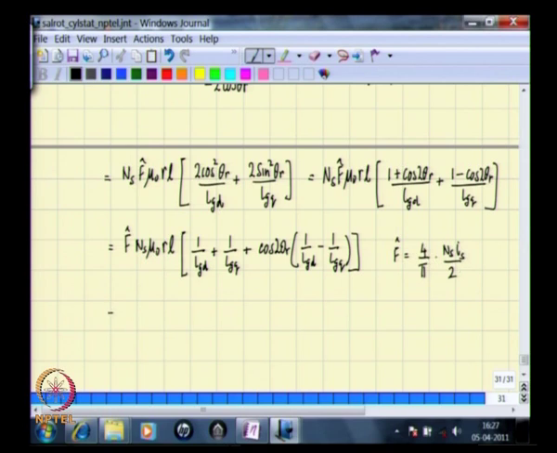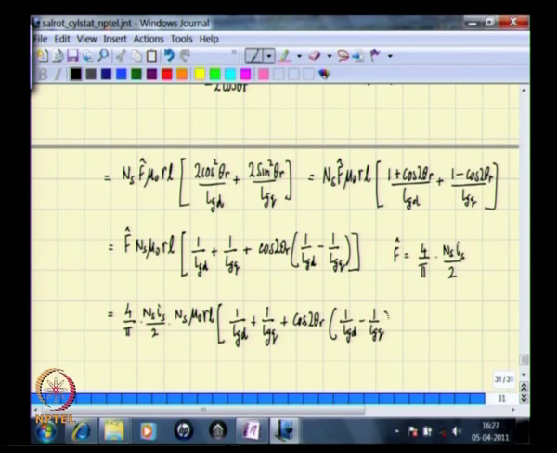So, we substitute that here. So, you have 4 by pi into ns is by 2 multiplied by ns mu naught r into L multiplied by 1 over L g d plus 1 over L g q plus cos of 2 theta r times 1 by L g d minus 1 by L g q.